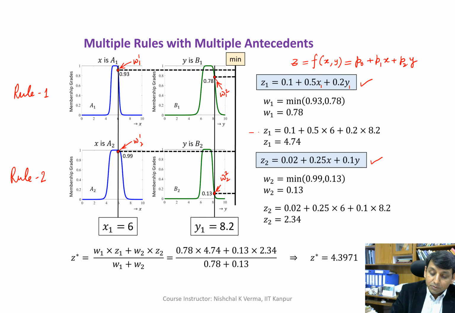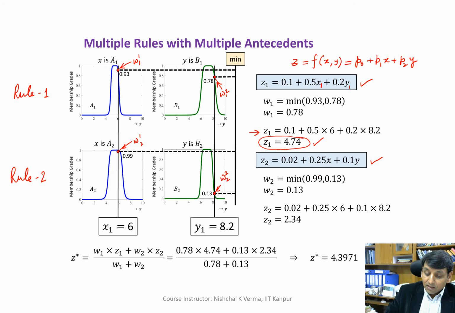So we see that we get the Z1 here, which is 4.74. So when we use x1 is equal to 6 and y1 is equal to 8.2, using the first rule output, we get Z1 is equal to 4.74 here.